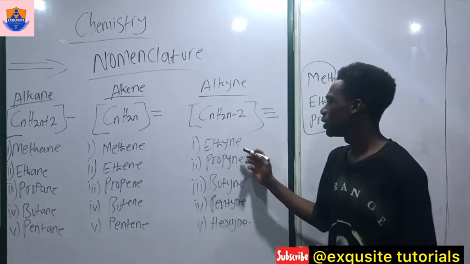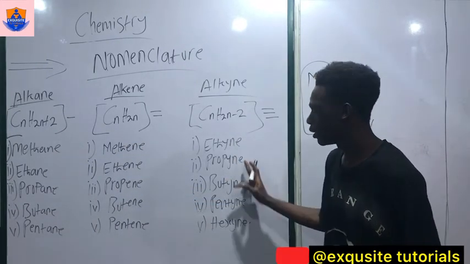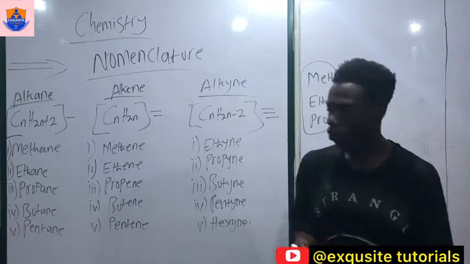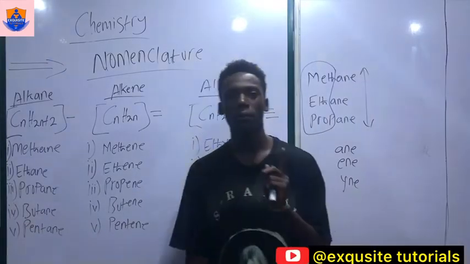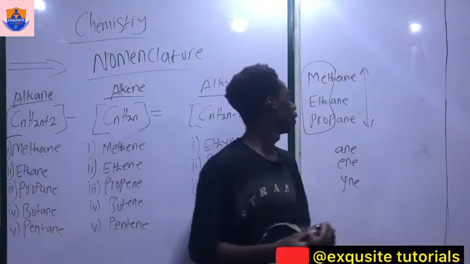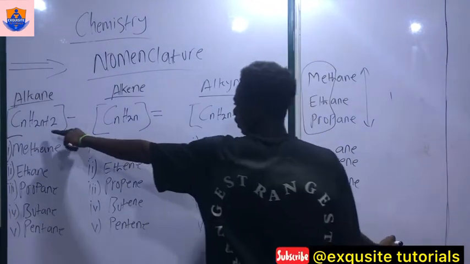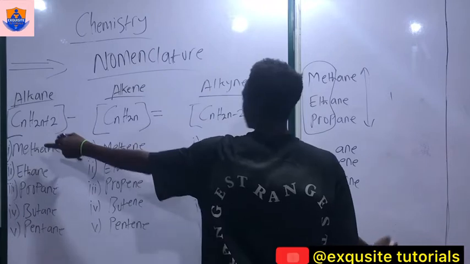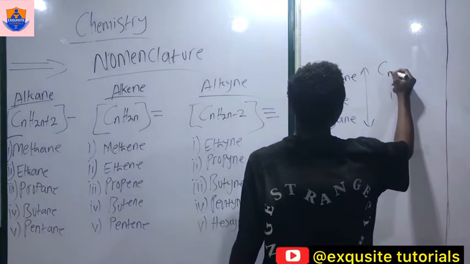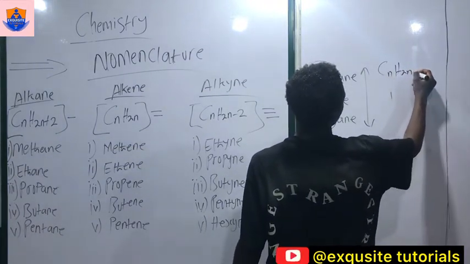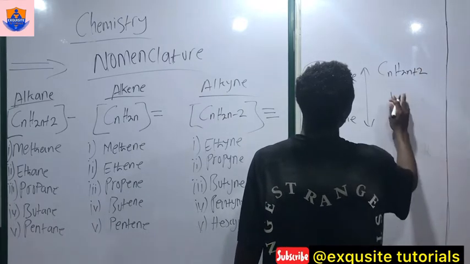Now let's take a look at this using this formula. Methane is the first member of the alkane, so the first number is 1. Let's use this formula to discover methane. We have CnH2n plus 2.